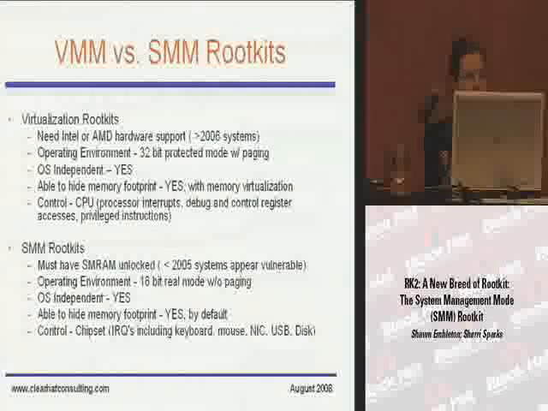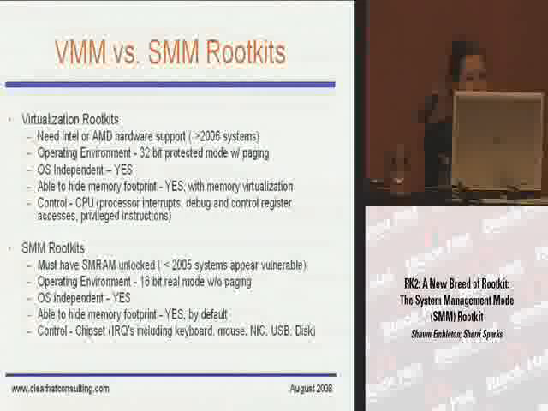The operating environments tend to be very different between the two. The VMM rootkit tends to operate in protected mode with paging. Well, by definition, it actually operates in protected mode with paging. The SMM rootkit, though, operates in 16-bit mode, which is more similar to real mode and doesn't use paging. Both rootkits are OS independent. Both are able to hide their memory footprint.